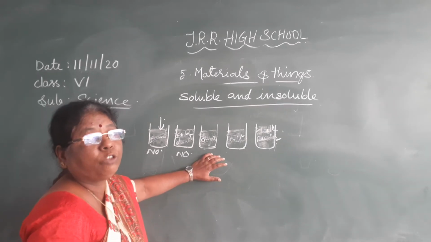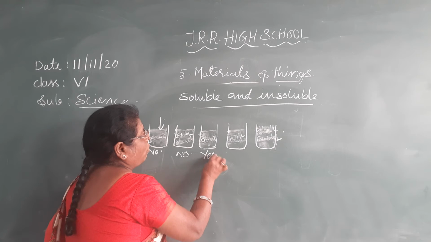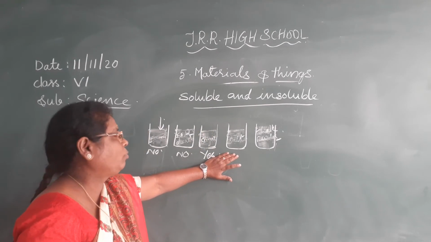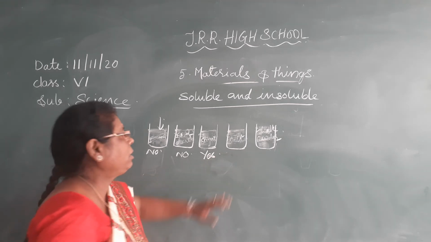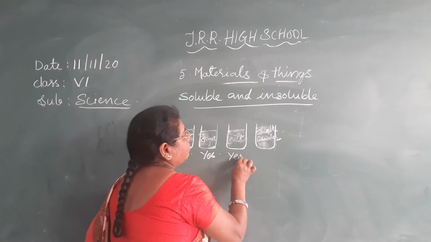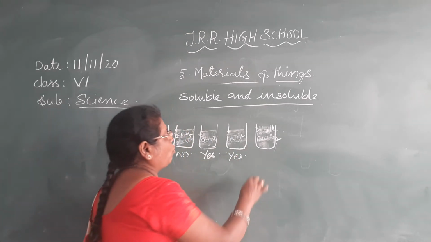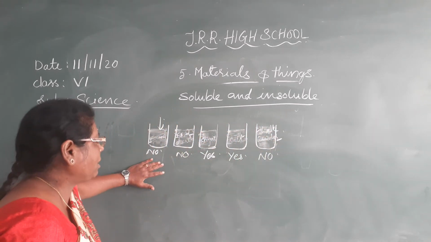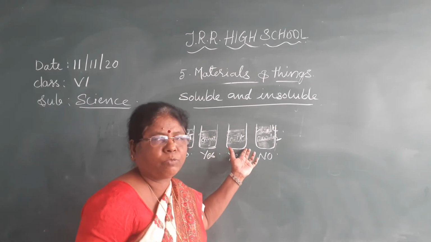Sugar. When you add sugar and stir it with the spoon, yes, it mixes with the water. Salt. Add salt in the water. Stir it with the spoon. Will it mix with the water? Yes. Chalk powder. Will it mix with the water? No. So here, what you are observing is that some substances mix with the water, some substances do not mix with the water.